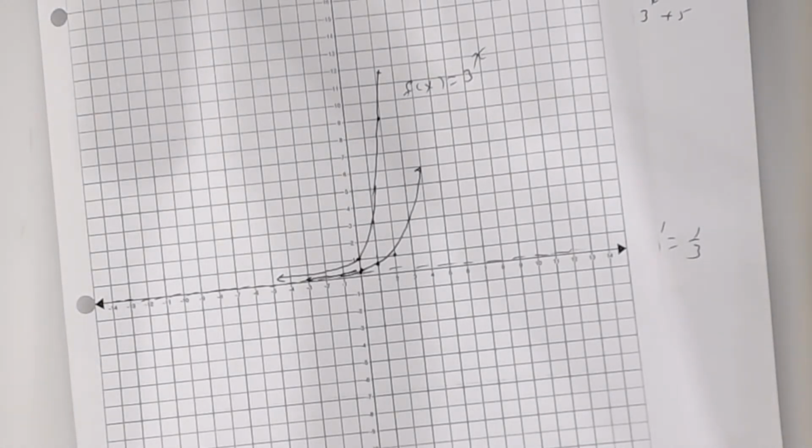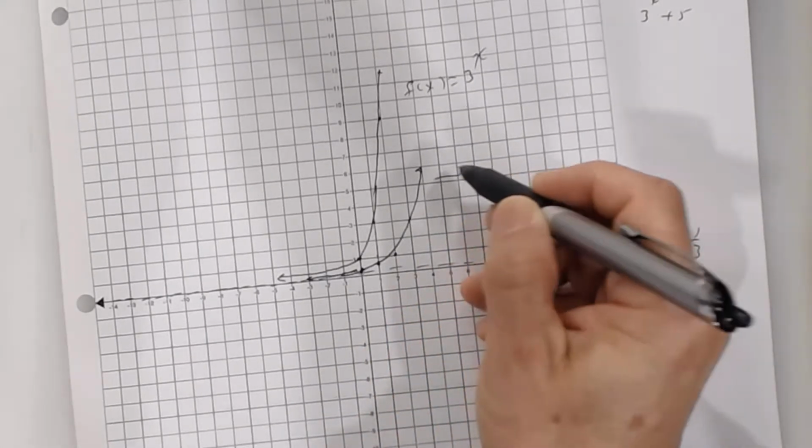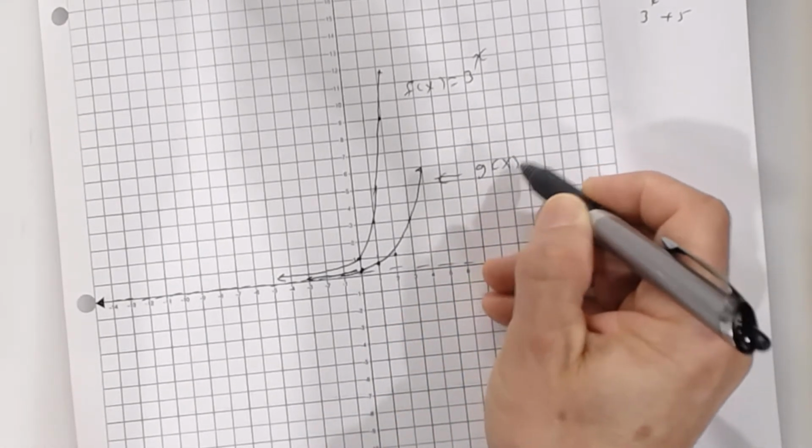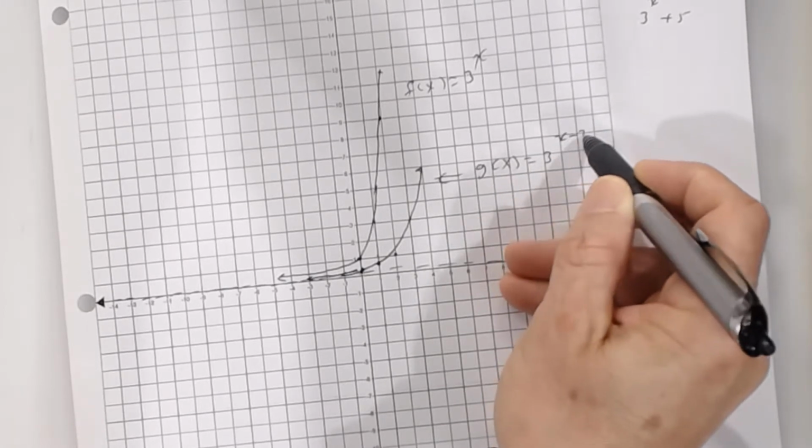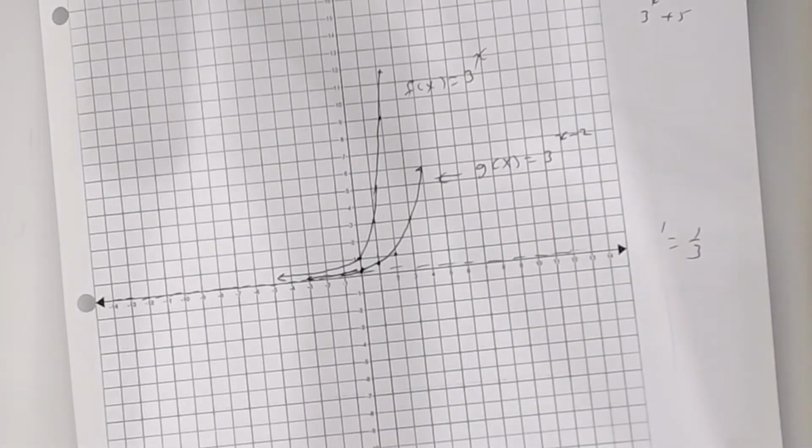Now, this is the graph of g of x. In both cases, you see a 3 to the x, don't you? Yes or no? Okay.